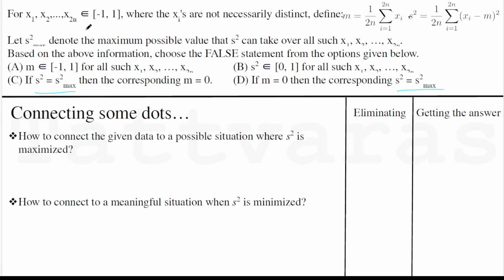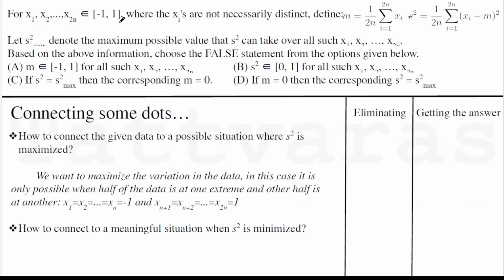Given the nature of the data, which is an even number of data elements on a bounded region with two extreme points, in order to maximize the variation, to get S square max, we would want to have our data as extremely separated as possible.